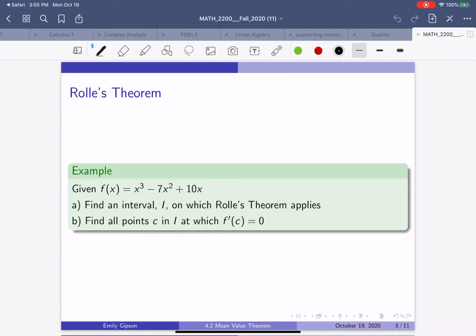So part A, find an interval on which Rolle's theorem applies. Rolle's theorem requires that we have continuity and differentiability on our interval. But because f(x) is a polynomial, it's continuous and differentiable everywhere. So let me write that down.